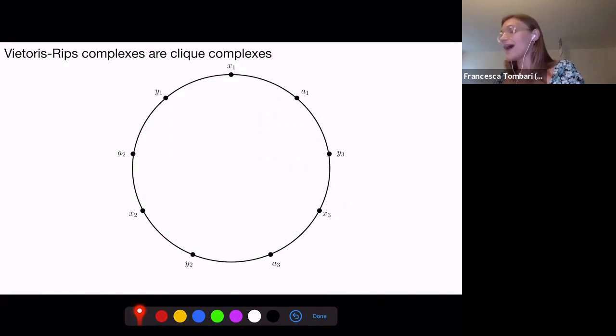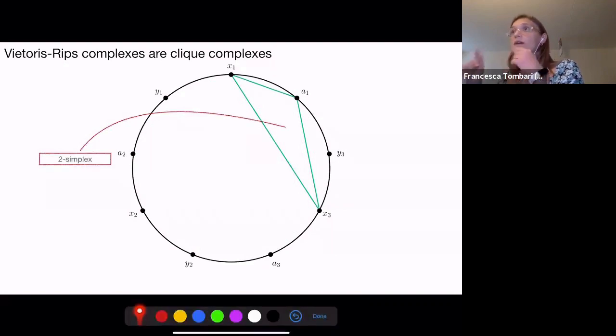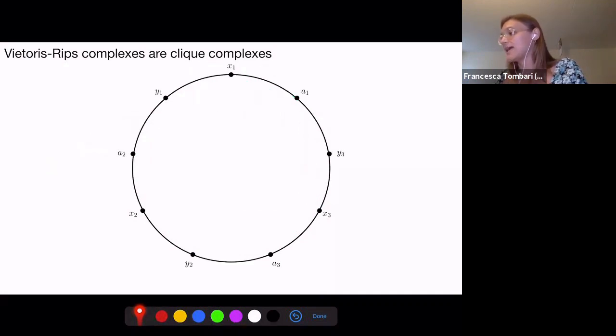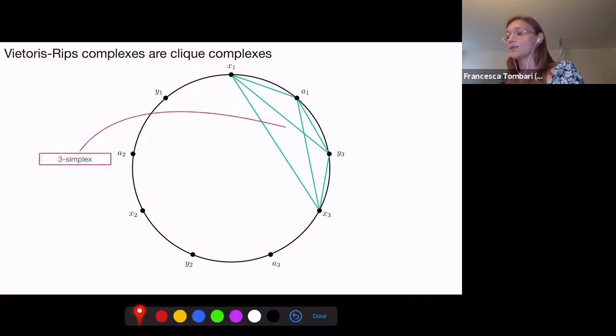So I drew the one skeleton. Whenever I draw the boundary of a triangle, for example, I actually mean the triangle to be filled in. So I consider the entire 2-simplex. And the same when I draw a tetrahedron: actually the one skeleton of a tetrahedron, I mean it to be filled in. So I consider the entire 3-simplex.